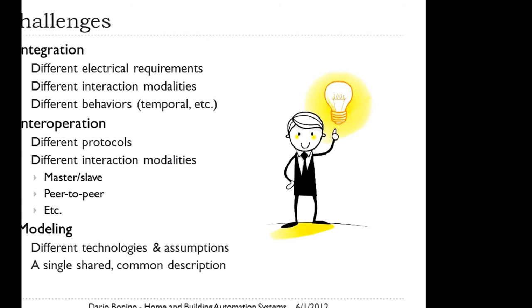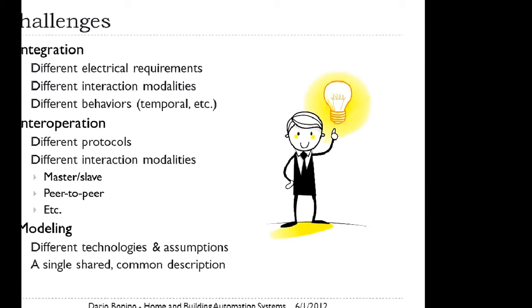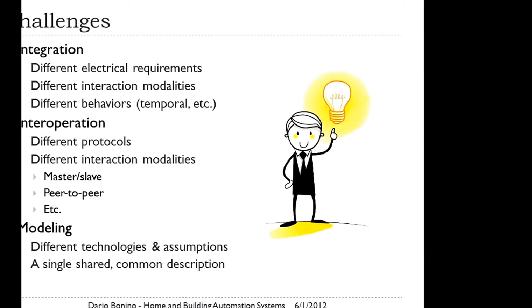For example, in Modbus we have a master-slave approach, so commanding means writing a value in a register, while in KNX, commanding means sending a data point to a given address. This is different. We need to bridge these different operations. So, more complexity with respect to just integration.